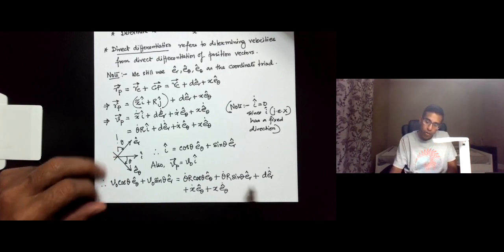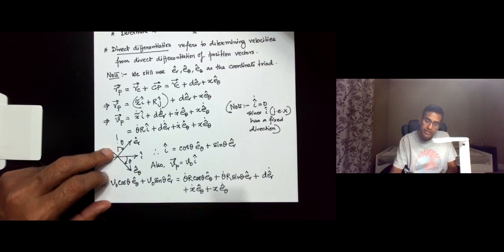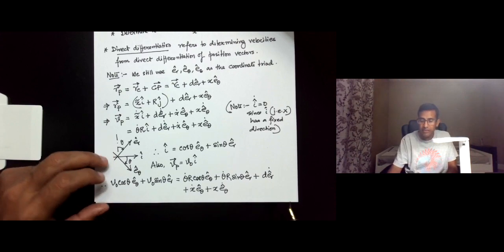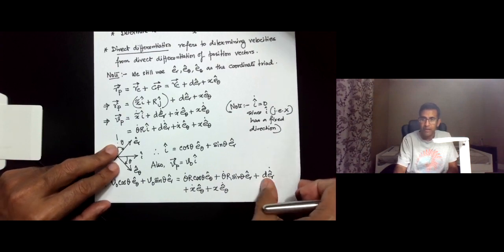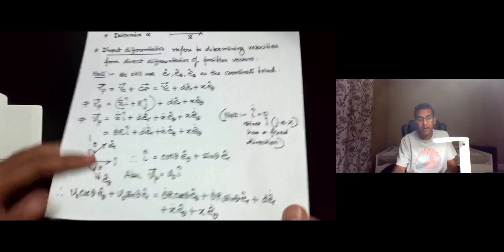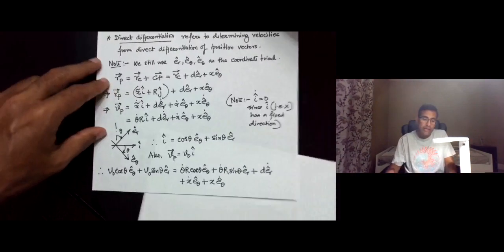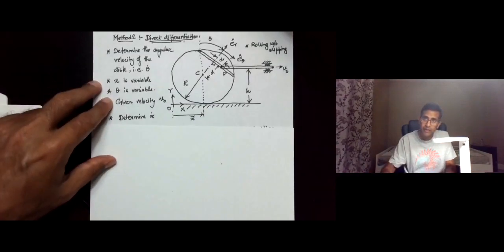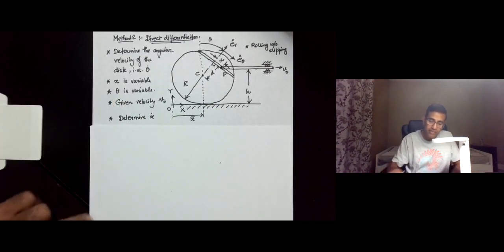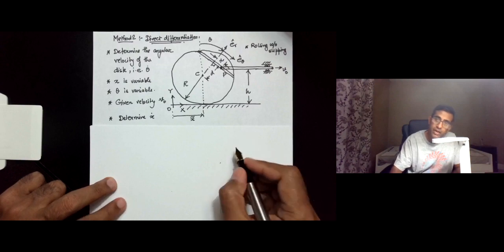Now all we are left to do in further simplifying is to find ER dot and E theta dot. So let's find those derivatives. These are the derivatives of the unit vectors.